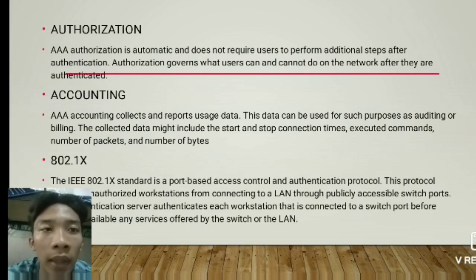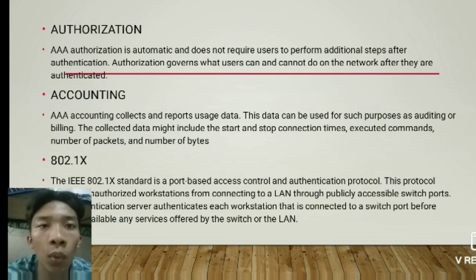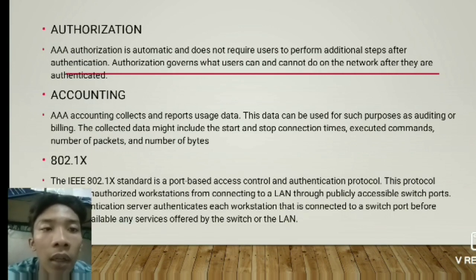Authorization is automatic and does not require the user to perform additional steps after the authentication. Accounting. In accounting, the main work is the collecting and reporting of usage data, which is used for auditing and billing.